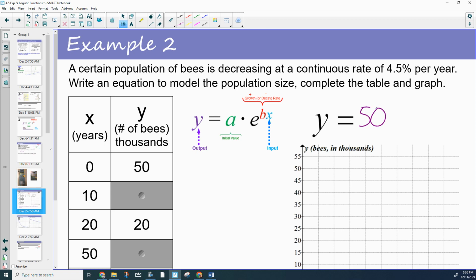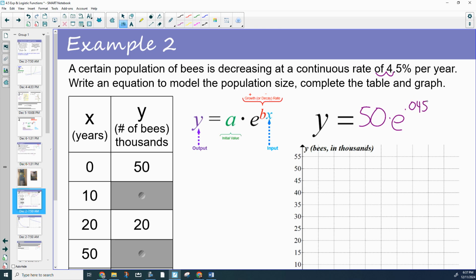Then we're going to use the E button, and it automatically kicks you up into the exponent. In this case, it's 4.5% decrease. So we would move this over twice. 0.045.